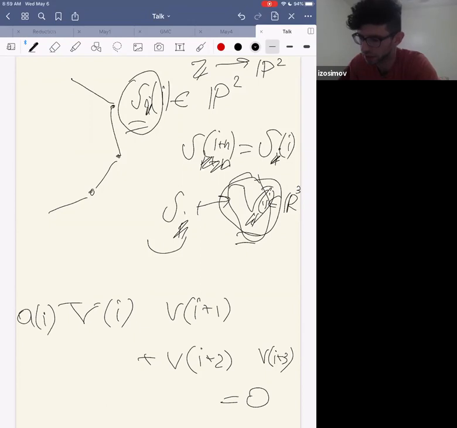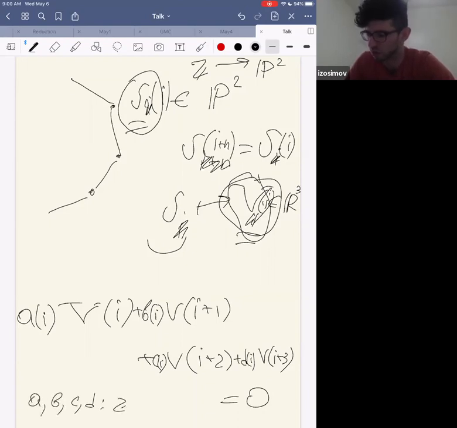So we can write down this linear relation, and the coefficients will be certain periodic functions A, B, C, and D. These are again functions on Z, valued in real numbers. So A, B, C, and D are all functions from Z to R, and they are n-periodic.